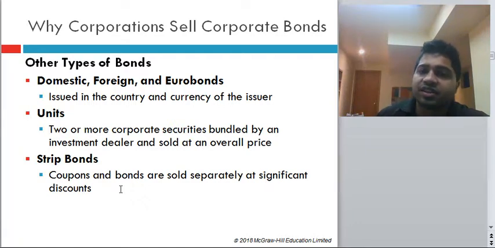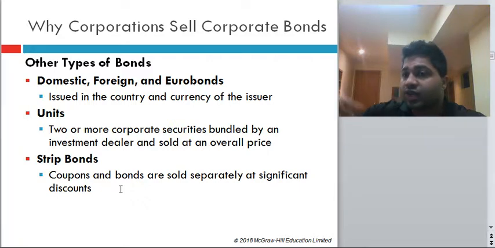Domestic bonds are issued in the country and currency of the issuer, while foreign bonds and euro bonds are issued in some other currency. Whenever as an investor you buy these foreign bonds, you are exposed to two kinds of risk. One is the investment risk that the bond has, plus you are also exposed to exchange rate risk.